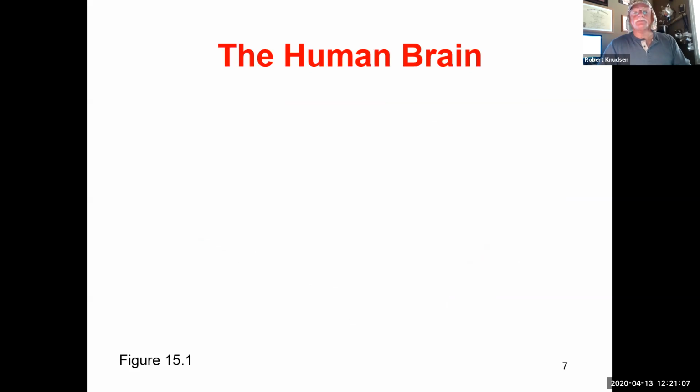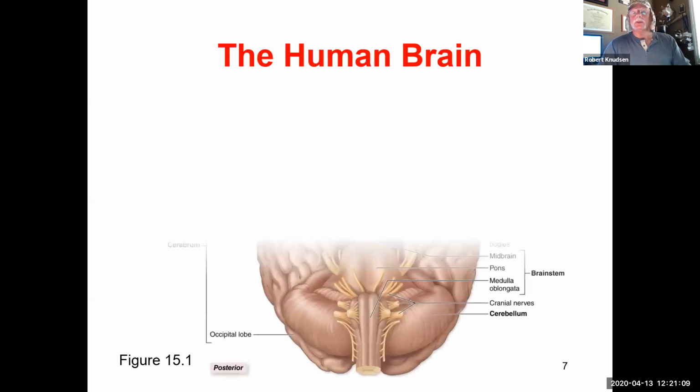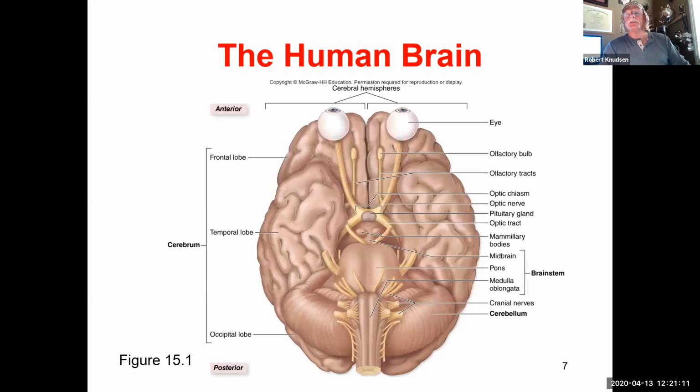meninges. Okay, here's what it looks like from the bottom. These gold things are your cranial nerves. Number 1 cranial nerve is olfactory. See it? Olfactory, that's number 1. Number 2 is ocular. Number 3 is ocular motor.